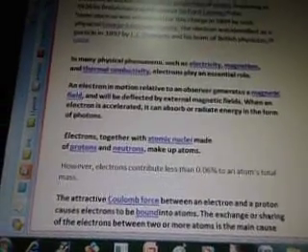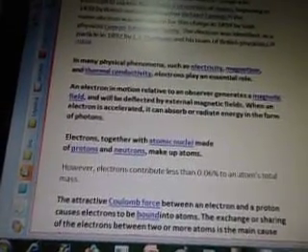Electrons, together with atomic nuclei made of protons and neutrons, make up atoms. The attractive Coulomb force between an electron and a proton causes electrons to be bound into atoms. The exchange or sharing of the electrons between two or more atoms is the main cause of chemical bonding.